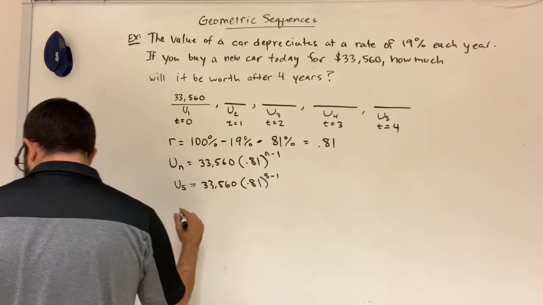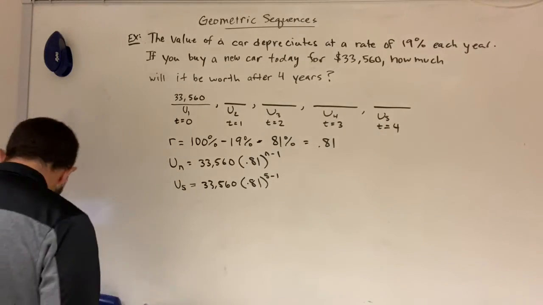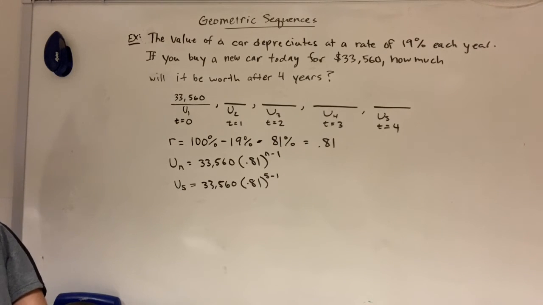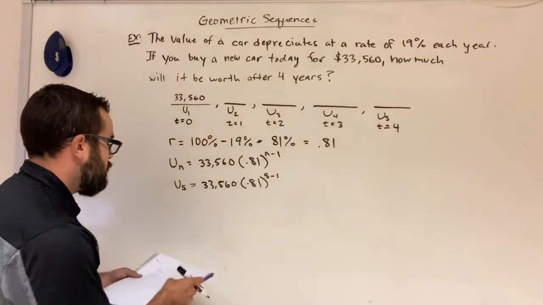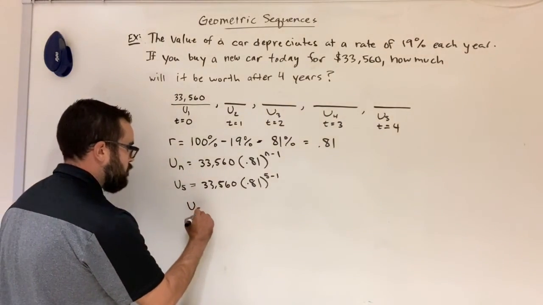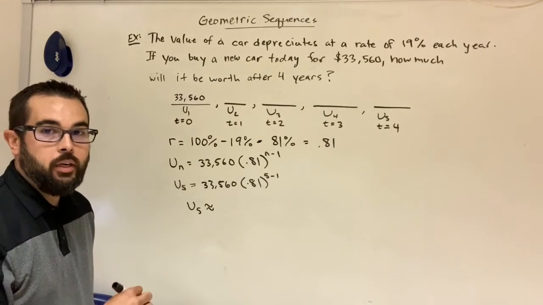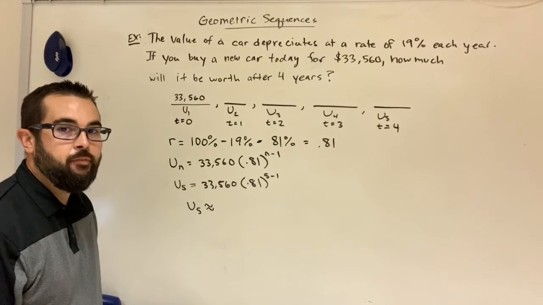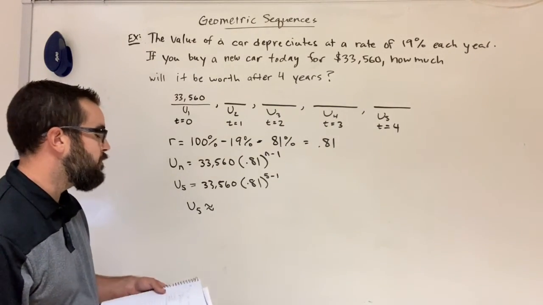But you get in the calculator, okay, I don't have the exact thing, I have my rounded. So if you're ever going to round, don't use an equal sign. Use the squiggly equal sign. That means u sub 5 is approximately the value of the car after 4 years.